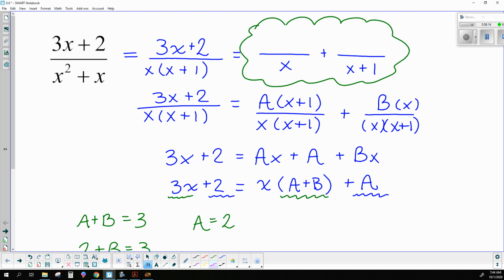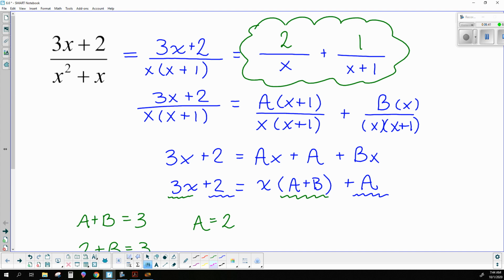Or I'm sorry, a was a 2 and b was a 1. So those are the two fractions that got added together to create the 3x plus 2. And you can go ahead and do the math. At this point, you could combine like terms, common denominators, do the basic process. You will end up where we started.